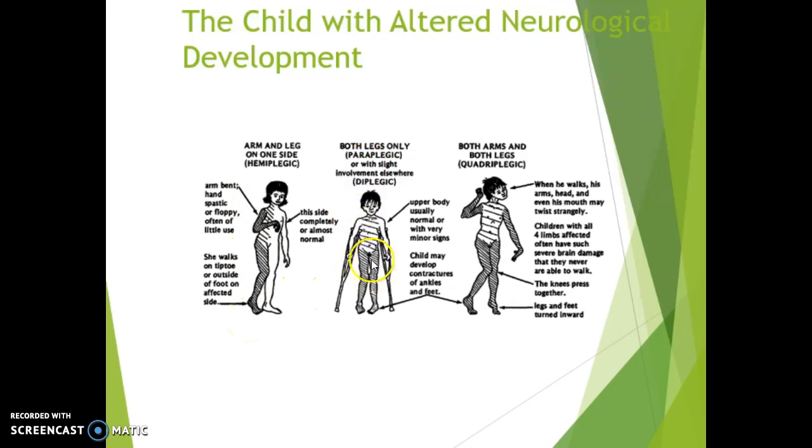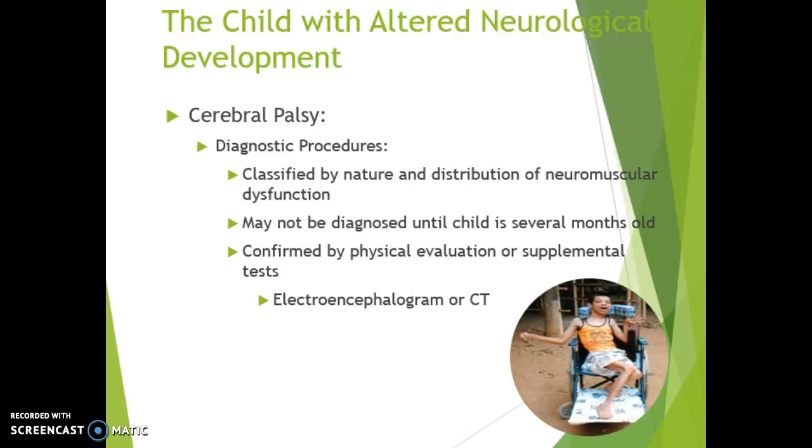Paraplegic, it's usually the legs, or maybe if it's diplegia, they might have some problems up in the respiratory cavity, or maybe one arm, but usually paraplegia means the legs. And then quadriplegia means there are effects on the legs and the arms. And all of this has to do with what part of the brain or spine is damaged. That will determine which of these categories the patient falls into.